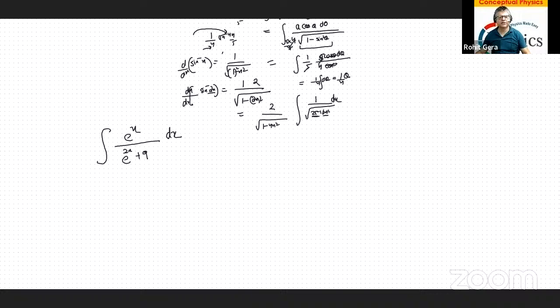Maybe after doing that this will get converted into a standard substitution integral. नीचे 9 है, e2x 9.